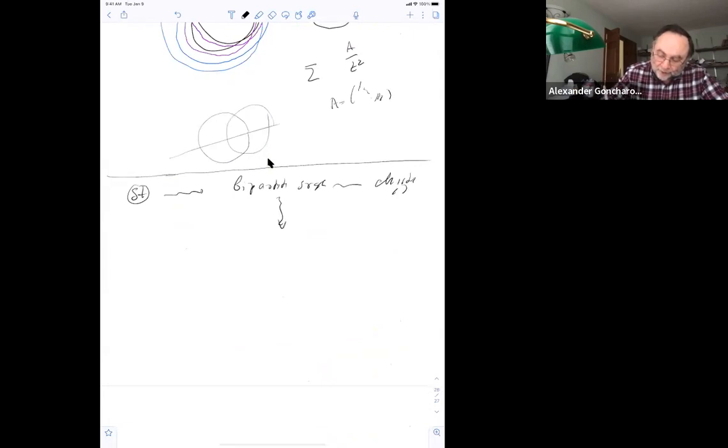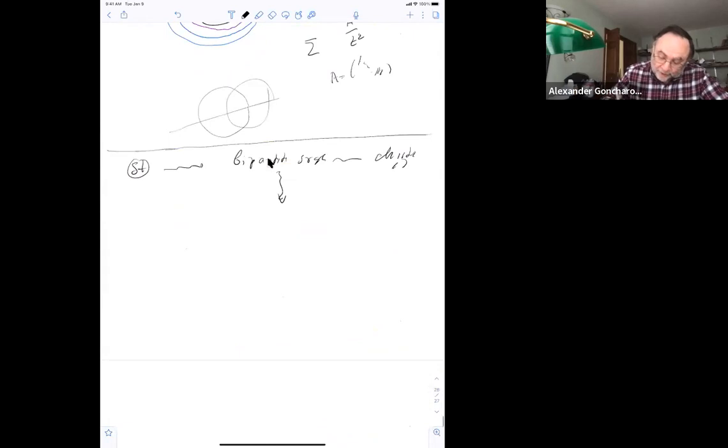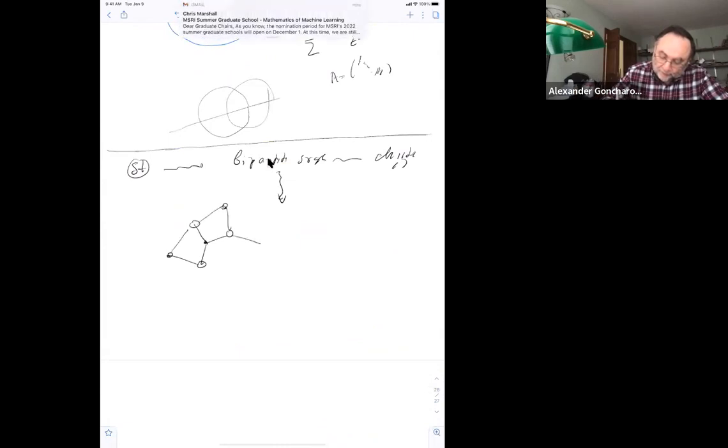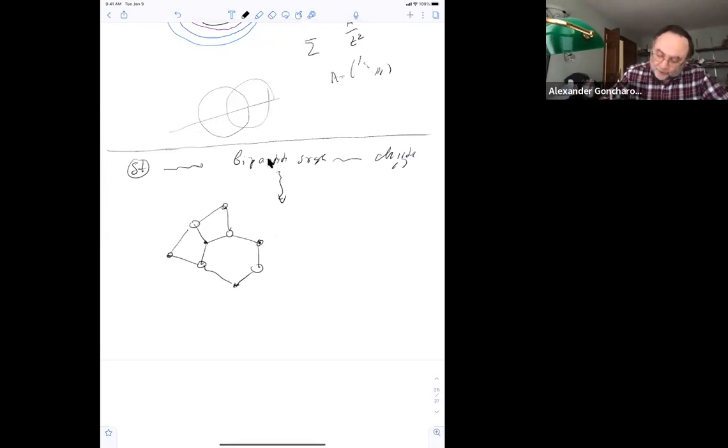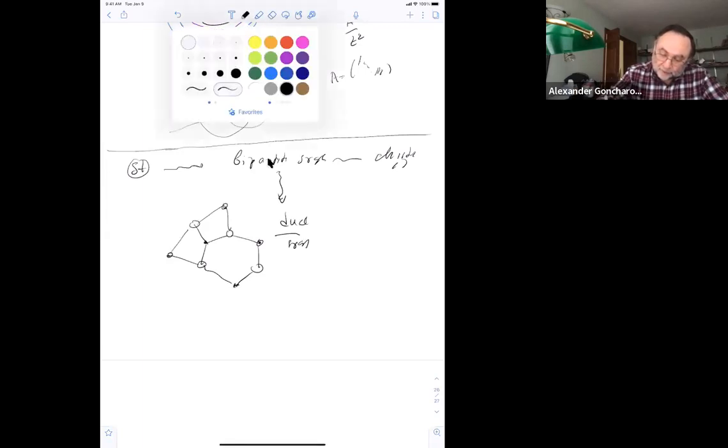But bipartite graphs actually produce much more than that, because what is a bipartite graph? It's a picture like that. Then you can consider the dual graph, a picture like that.